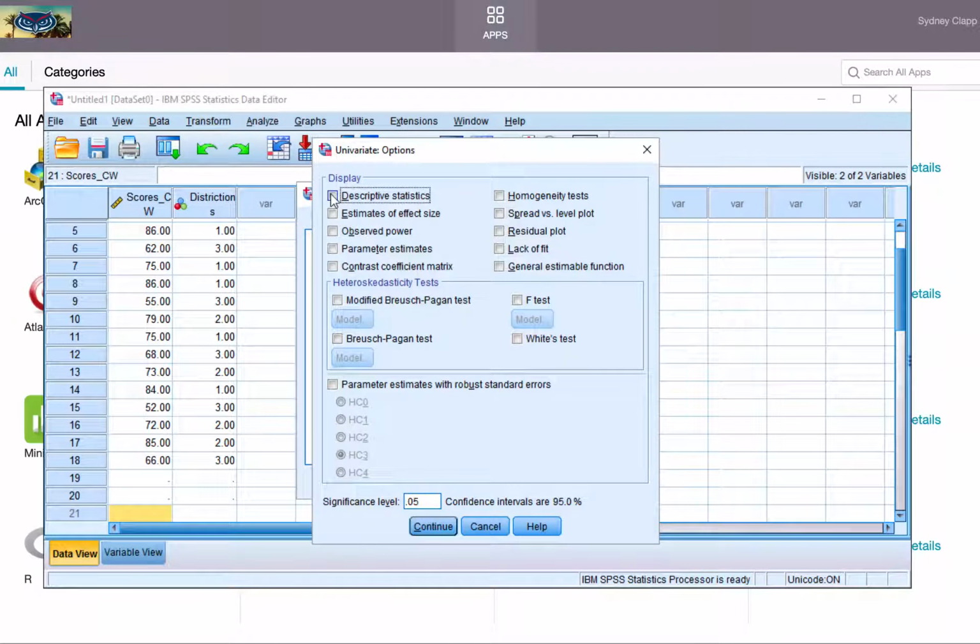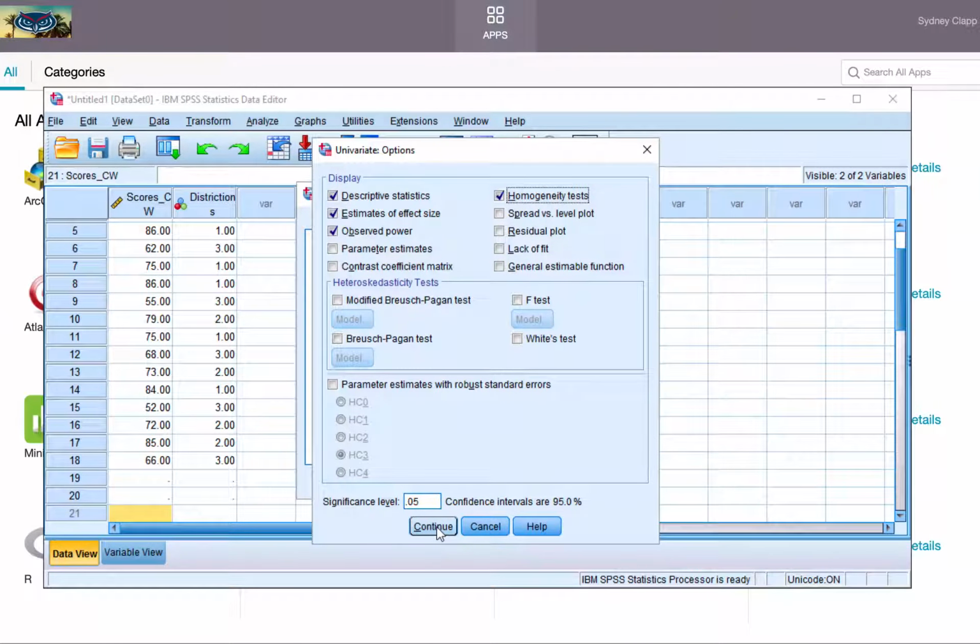Oh, so now I want to go to my options box, and we need to make sure that we select descriptive statistics. We want the estimates of effect size, and we want the observed power, and of course we want to do the homogeneity tests, which would be our Levene. We do not need to click anything else there.